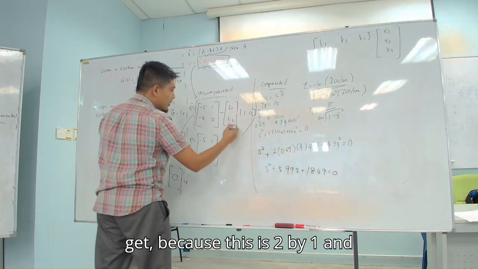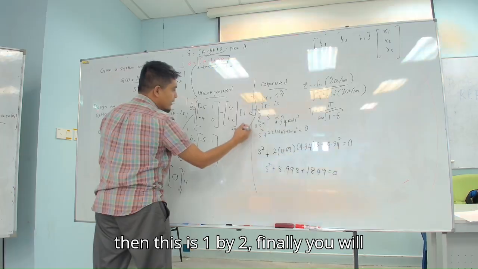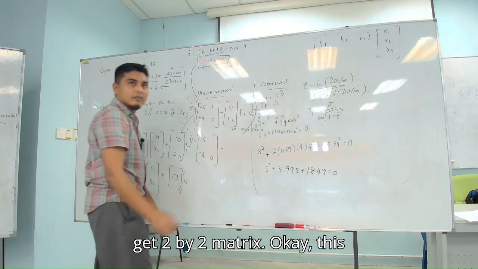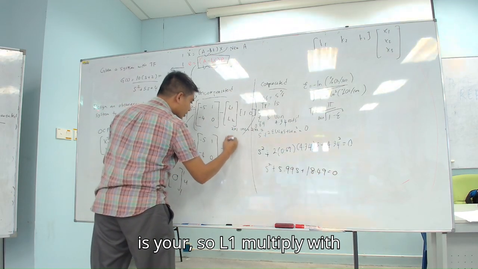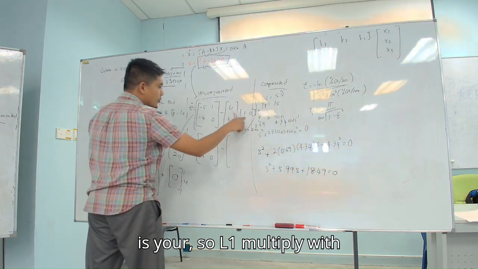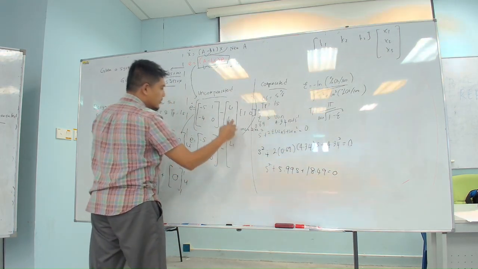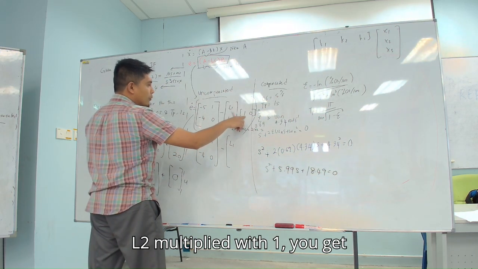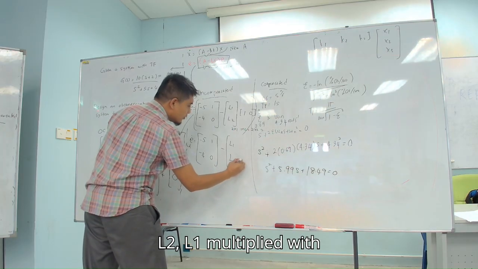Because this is 2 by 1 and this is 1 by 2, finally you will get a 2 by 2 matrix. So L1 multiplied with 1, you get L1. L2 multiplied with 1, you get L2.